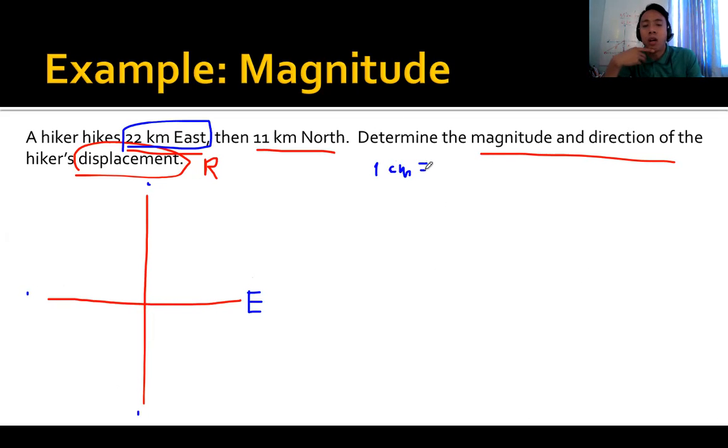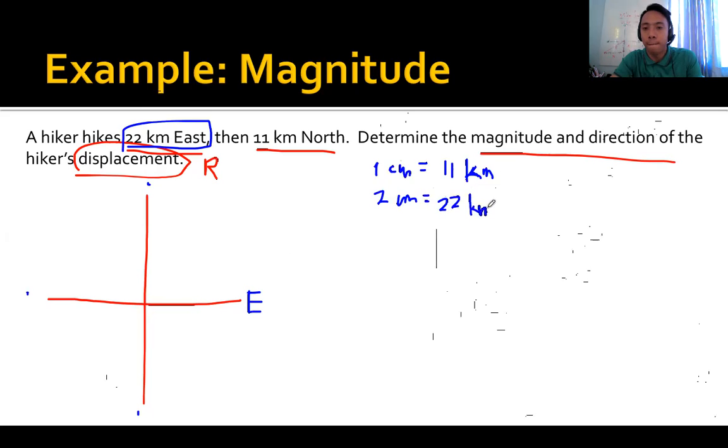Kasi 22 tsaka 11 kilometers. Para mas madali, di ba? Okay? So 1 centimeter is equivalent to 11 kilometers. So I will use 2 centimeters for 22 kilometers. Okay. So we have here 1 and then 2.